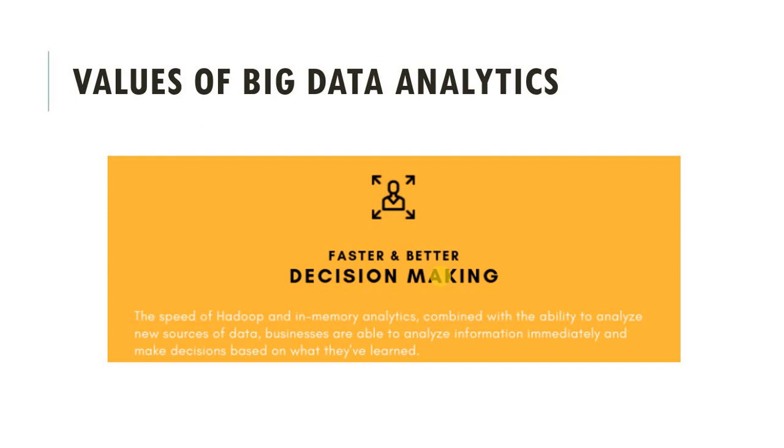Second is faster and better decision making. As I said, the traditional method is too slow, but Hadoop and some other new techniques for big data are very fast in decision making. With the speed of Hadoop and in-memory analytics, combined with the ability to analyze new sources of data, businesses are able to analyze information immediately and make decisions based on what they have learned.